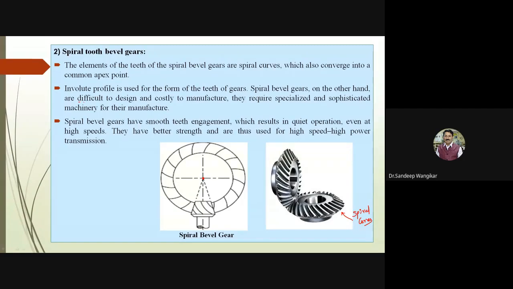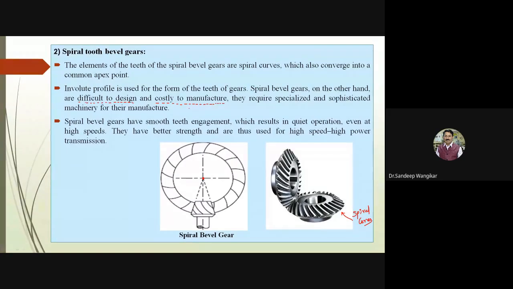As compared to cutting straight teeth, cutting spiral teeth is costly, and they require specialized and sophisticated machinery for manufacturing. Very simple. As the teeth are spiral curved, it requires some specialized machinery for manufacturing. Okay.